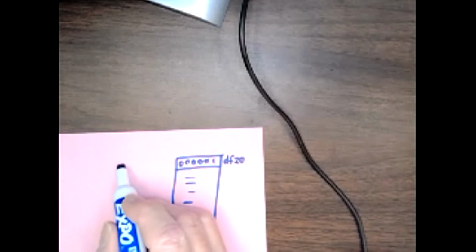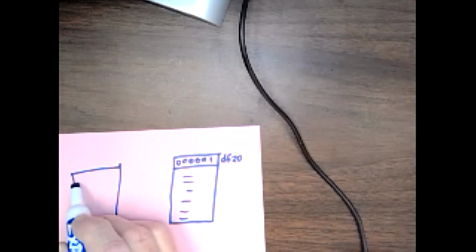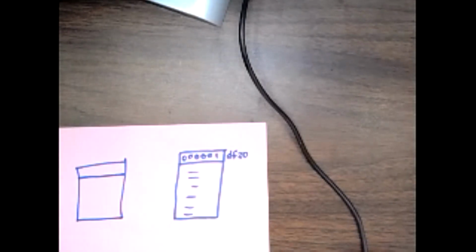Okay, the next one. Let me look up where it was. DF20. It started at DE40.